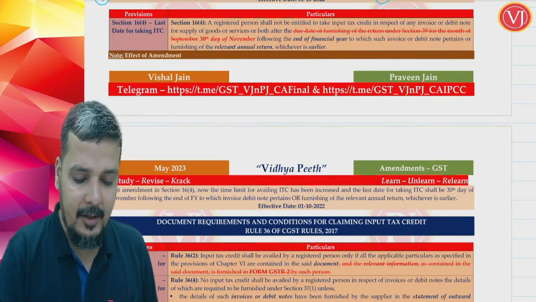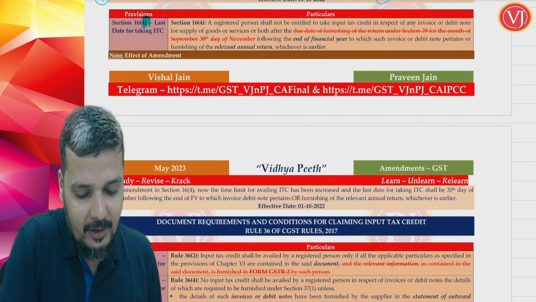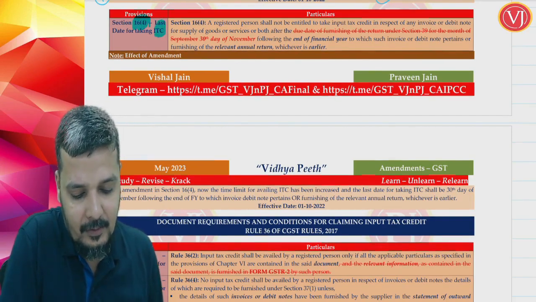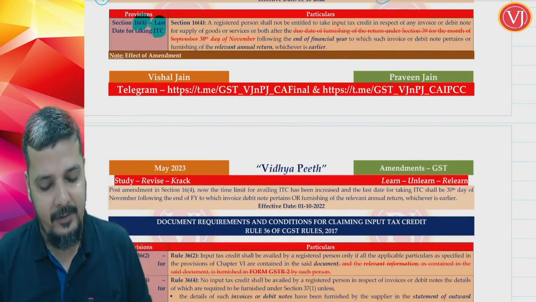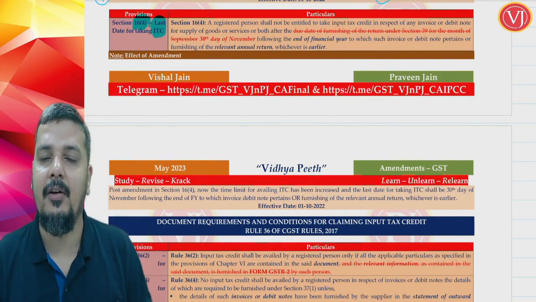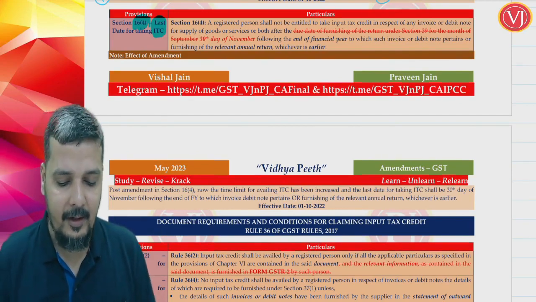Again, coming back to another condition which is being amended, there is section 16 subsection 4, which talks about the last date for taking credit. You will find this effect in your document chapter, also in the return filing chapter. What is the last date for taking the credit?